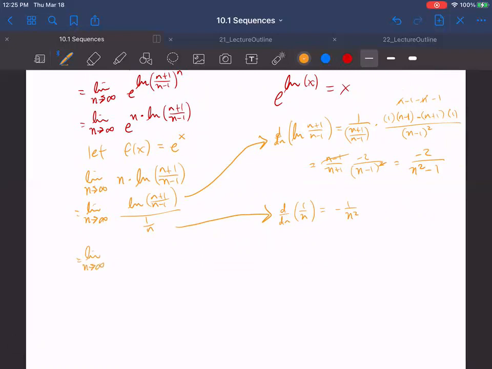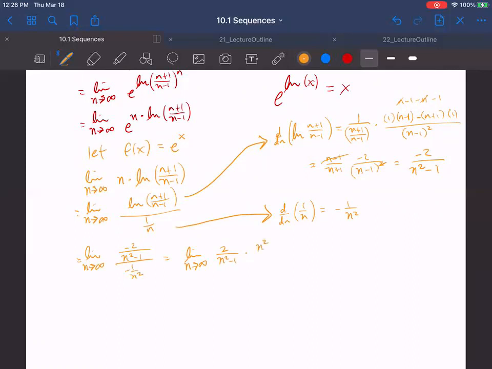And here we've got minus 2 over n squared minus 1, and then divided by minus 1 over n squared, which, running out of room there, limit as n goes to infinity, and we can cancel out those negatives, right? And this is 2 over n squared minus 1 times n squared.